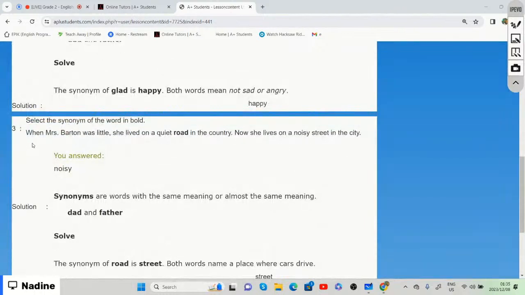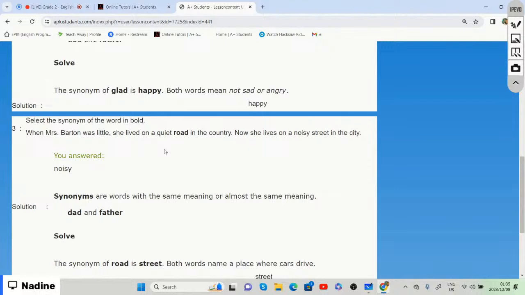All right. When Mrs. Barton was little, she lived on a quiet road in the country. So, road. We need to find a word that is similar in meaning to road. Now she lives on a noisy street in the city.